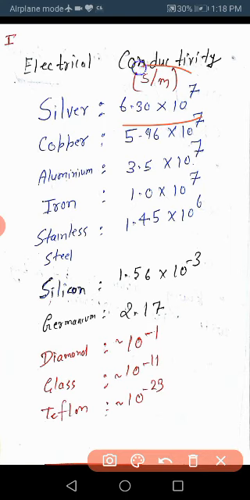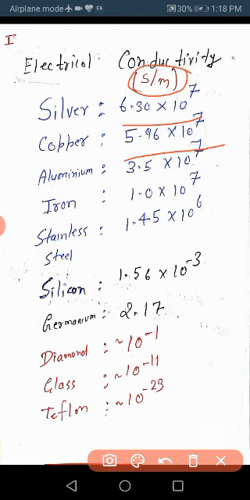Among metals, the highest conductivity is of silver, and copper has a conductivity of 5.96 into 10 raised to the power 7. Aluminium is also of the order of 10 raised to the power 7. For iron, the conductivity is of the order of 10 raised to the power 7, and for stainless steel, it is of the order of 10 raised to the power 6.